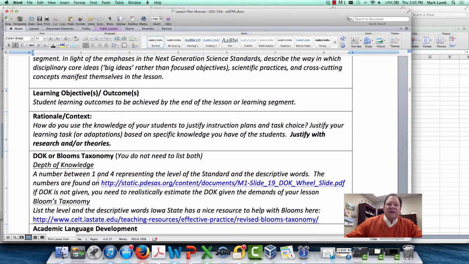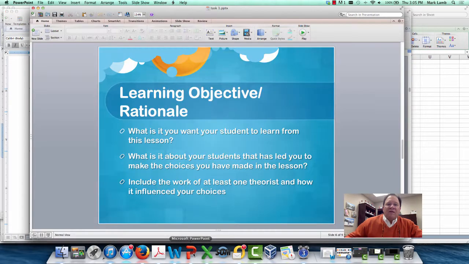You are going to make a connection in your rationale to at least one of the theorists that we have talked about in class. It doesn't have to be the theorist that you specifically researched yourself. In the workshop session, you did a wall walk where you saw information and listened to small presentations about multiple theorists.